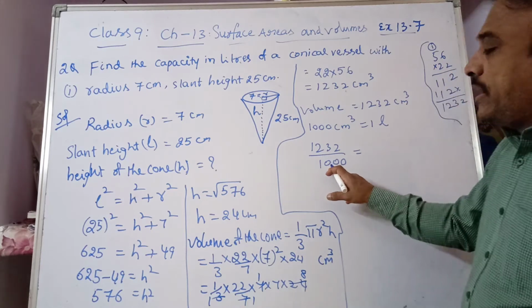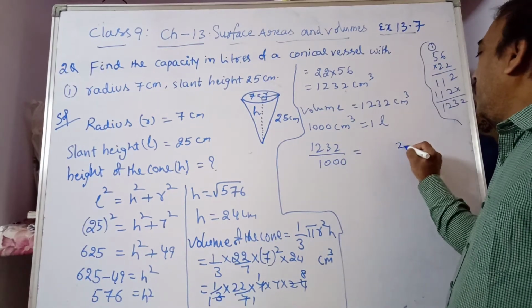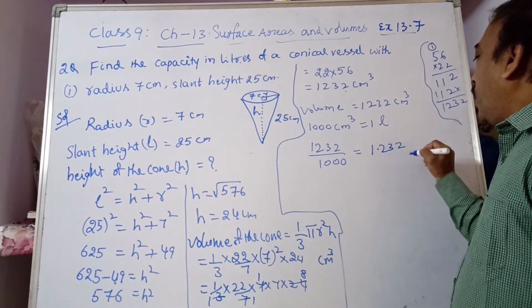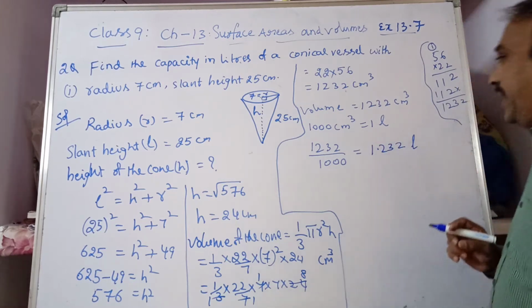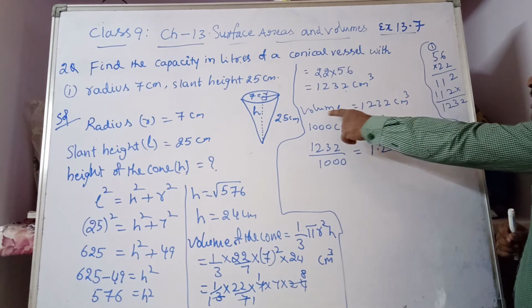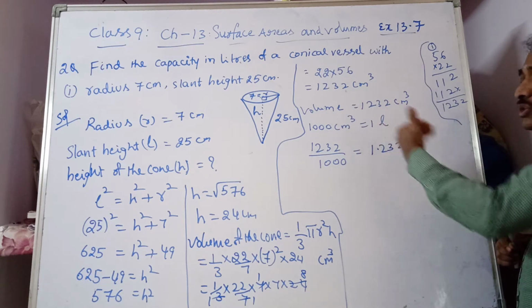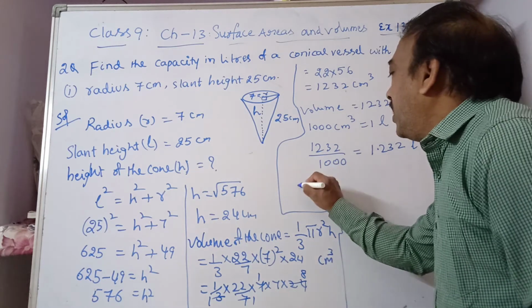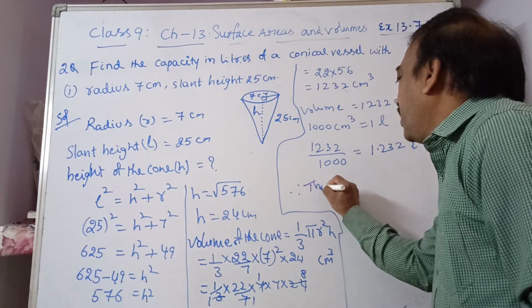After 3 digits you have to place the decimal point, so 1.232 liters. 1000 centimeter cube is equal to 1 liter. This many centimeter cube is equal to how many liters? Divided by 1000.